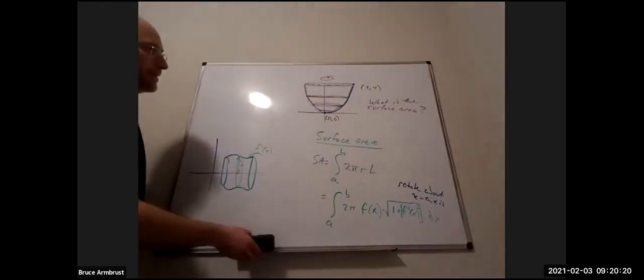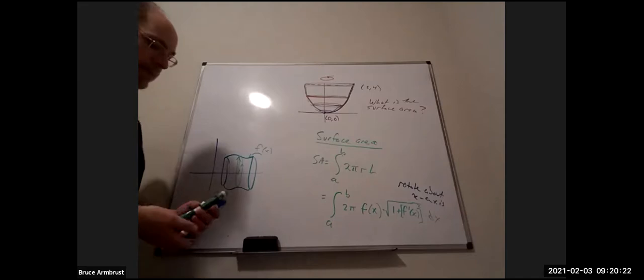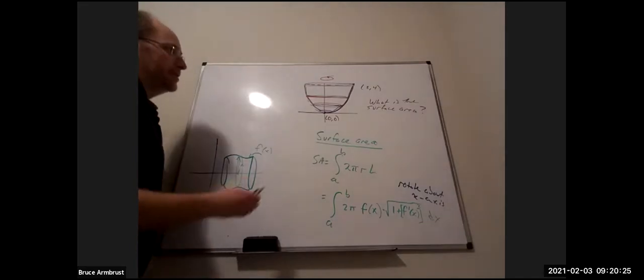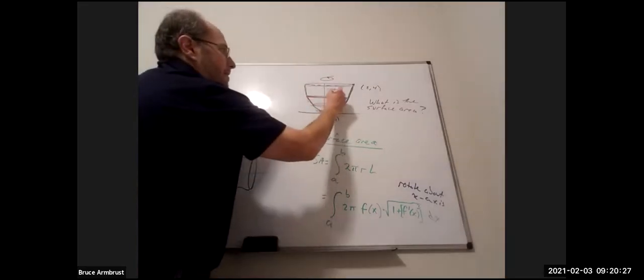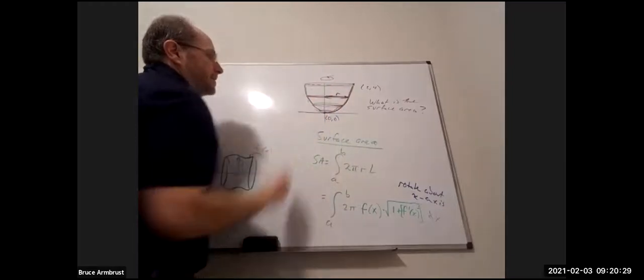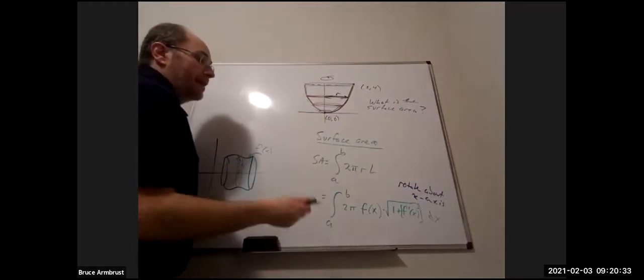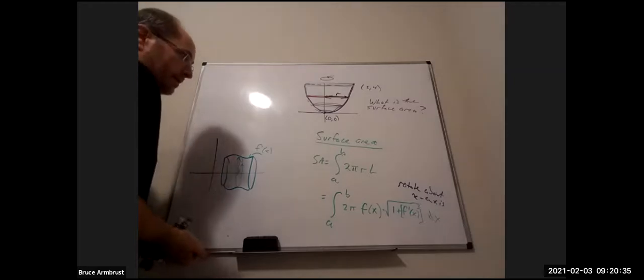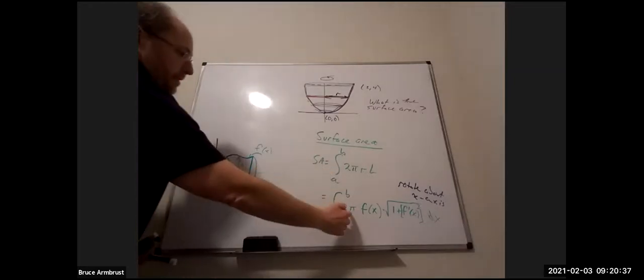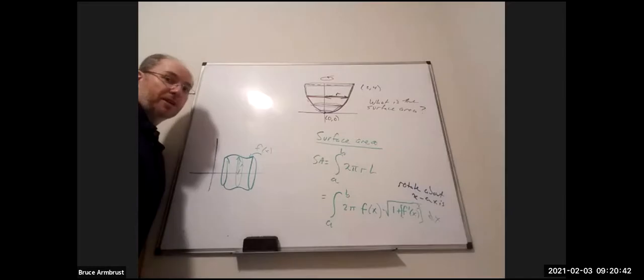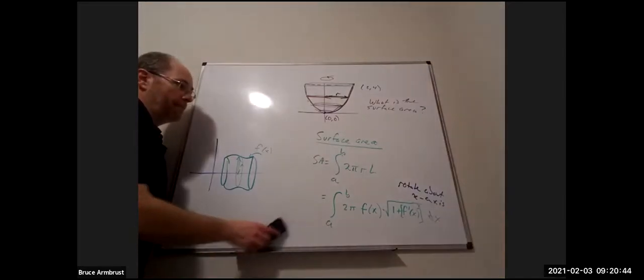If we rotate it about the y-axis, like we did here, think about what changes. Now, here's my radius. My radius is going to be given by f of y. So it'll be 2 pi f of y, but the arc length formula is still the same. It's just we're going to want it in terms of y.